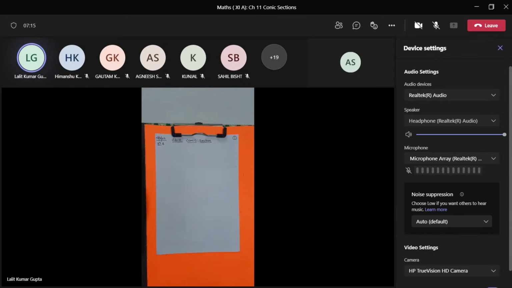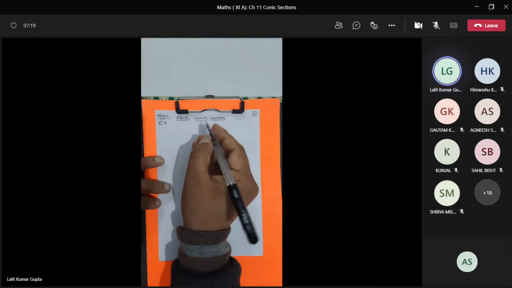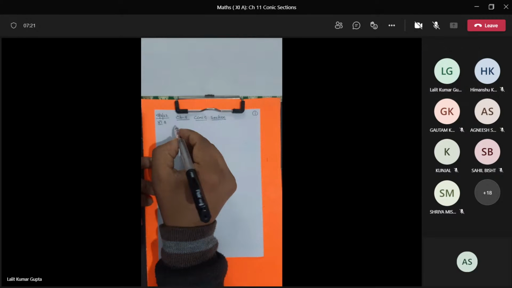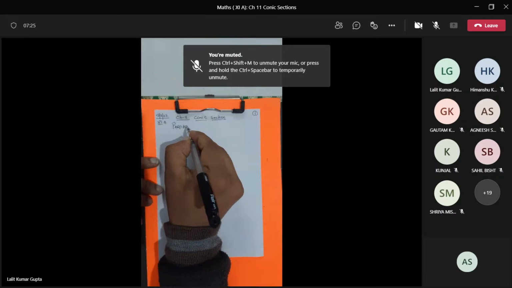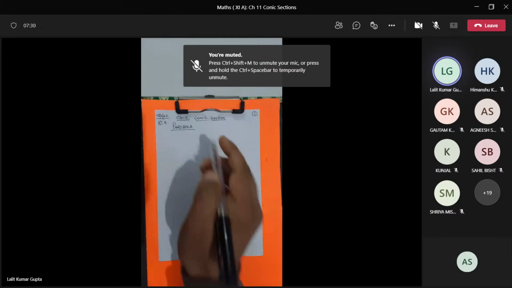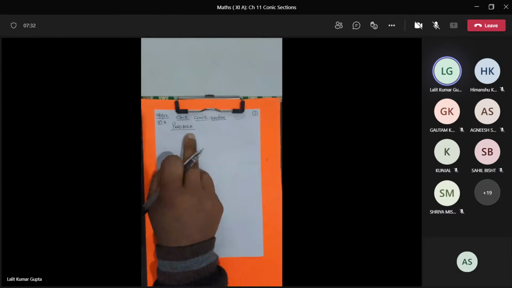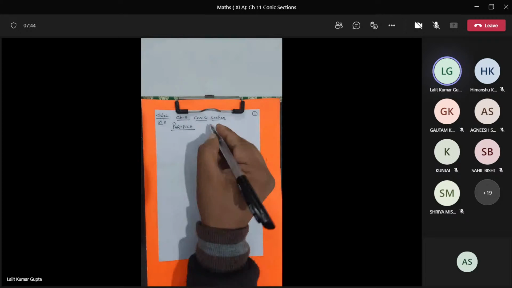Now the next topic I am taking, beta, is parabola. Next conic is parabola. If you remember, beta, what will be the angle between the generator and the plane which makes the parabola? Equal, right?